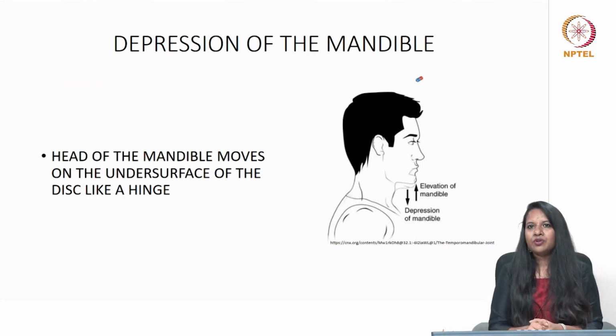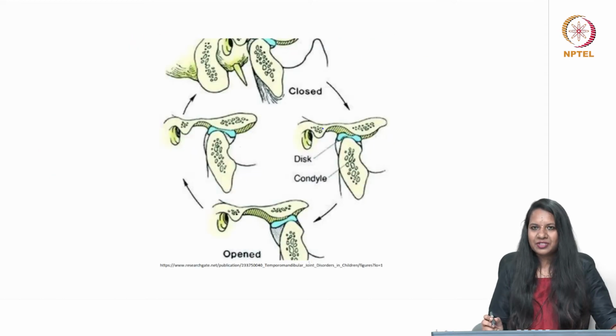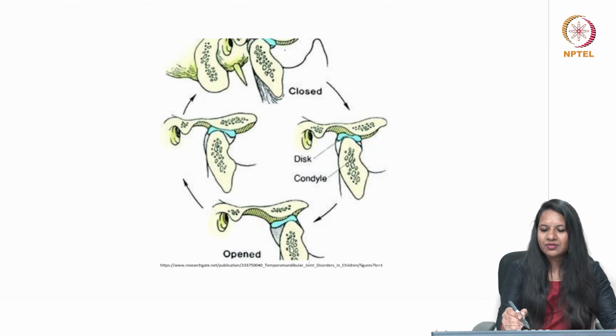Next is the depression of the mandible. Kindly note the arrow marks given in the picture. Depression is nothing but the opening of the jaw. So, the head of the mandible moves on the under surface of the disc like a hinge. In this picture, kindly note the position of the condyle and the blue colored structure, that is the articular disc.